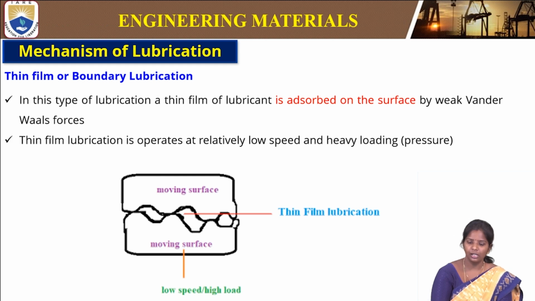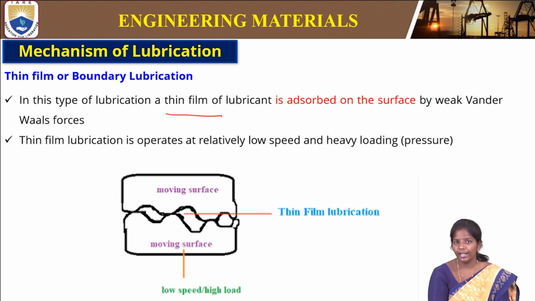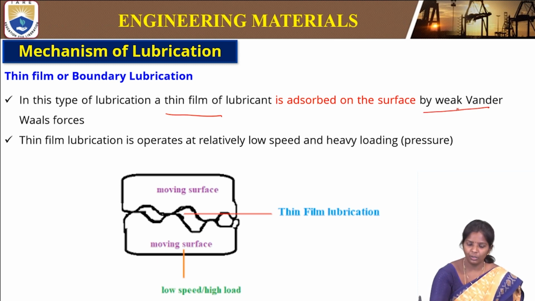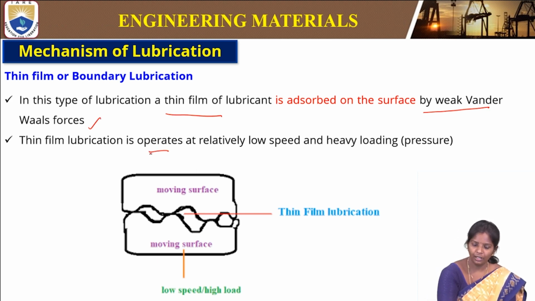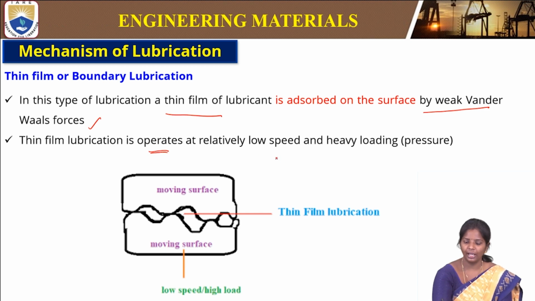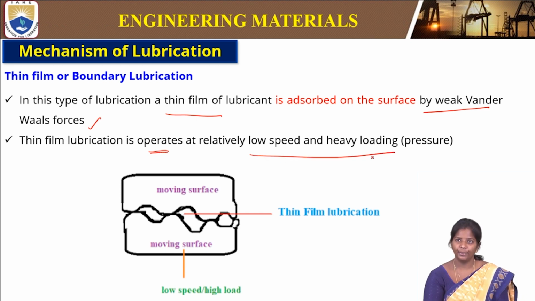So what happens? The thin film of lubricant is adsorbed, as we have seen before. During adsorption, weak van der Waals forces act in holding this thin film of lubricant. It mainly operates at low speed and heavy loading, that is, high pressures at low speed.